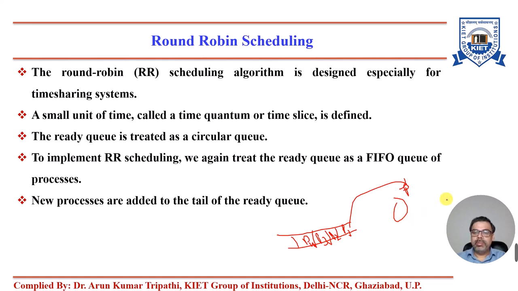Once its time slice, suppose 2 milliseconds, gets over, it will be inserted at the last of the ready queue. Then the processor is allocated to P2, and once P2 gets its slice completed and still requires the processor, it will be inserted at the last. So this is how round robin scheduling works.